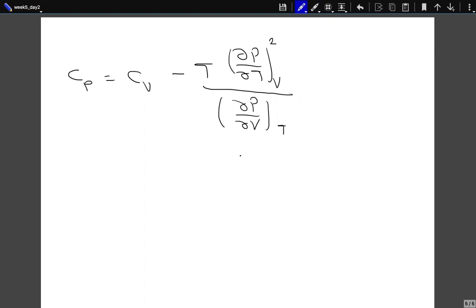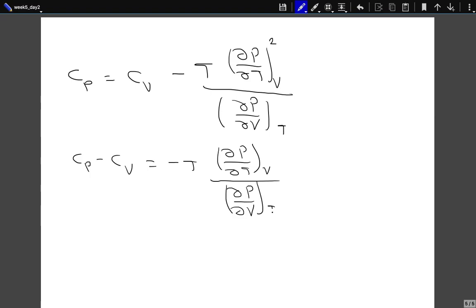So this is in fact our expression for Cp minus Cv. Now this is the square. Well, you see, this also already tells us something.